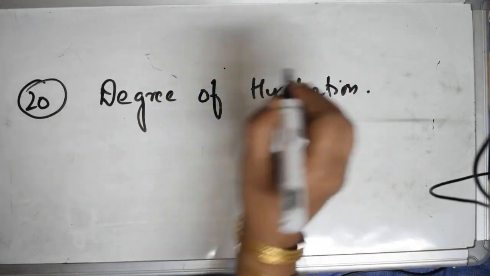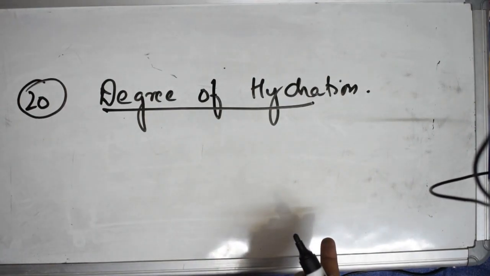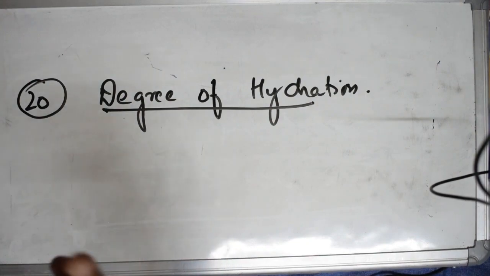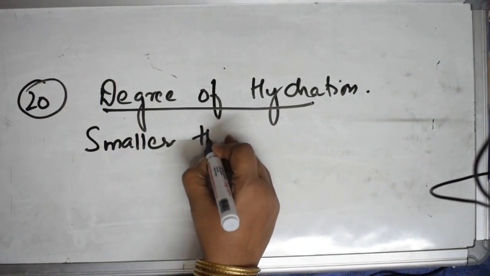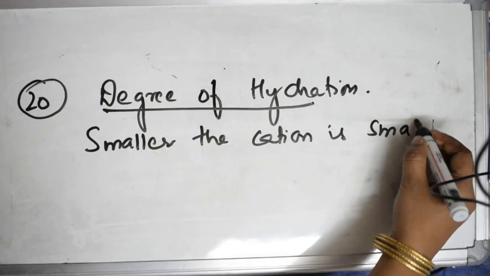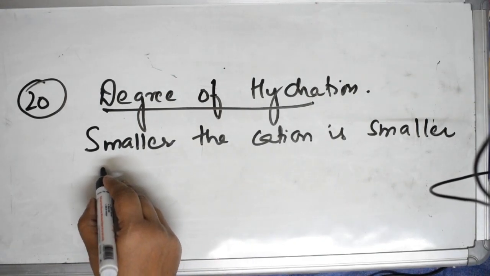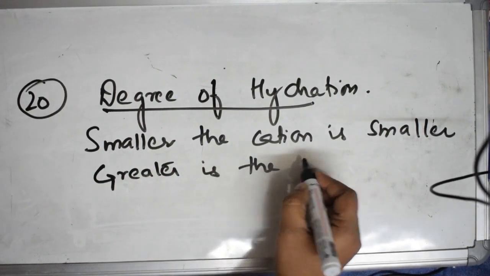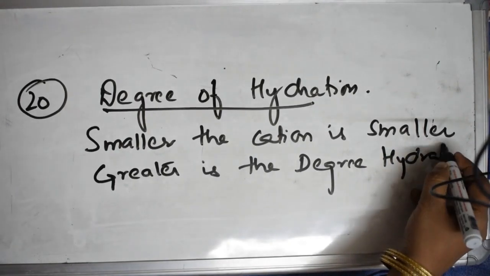Always remember, if they ask you a question based on degree of hydration, the simple thing you need to remember is: smaller the cation, greater is the degree of hydration. So the degree of hydration is more if the cation is smaller.